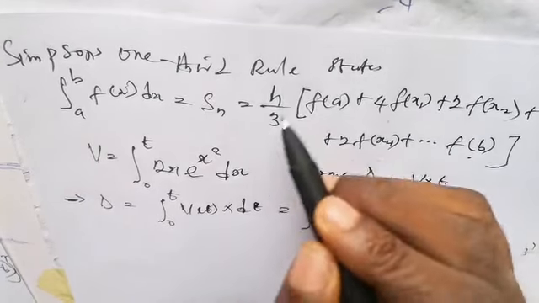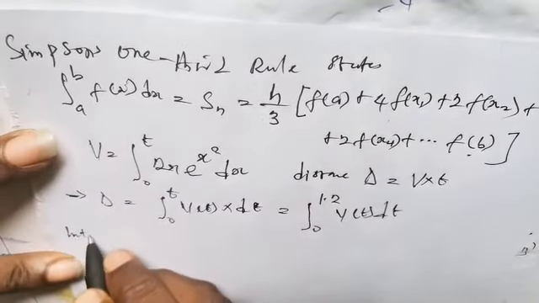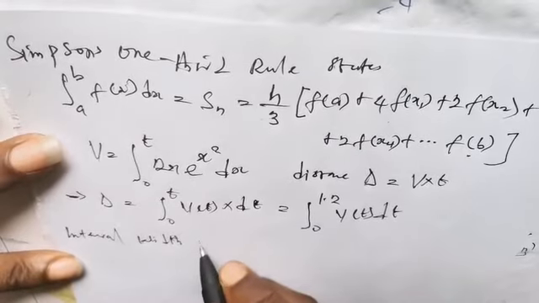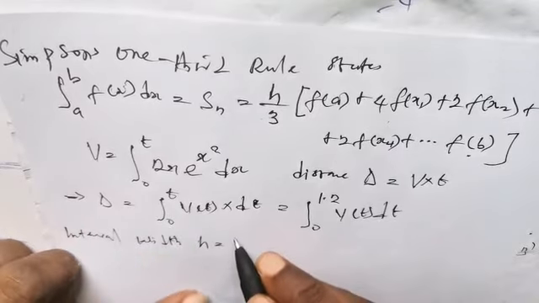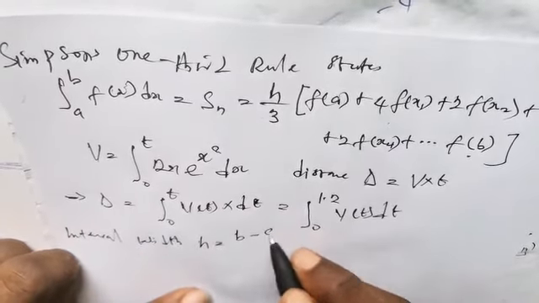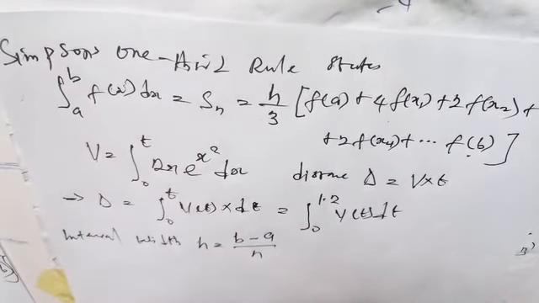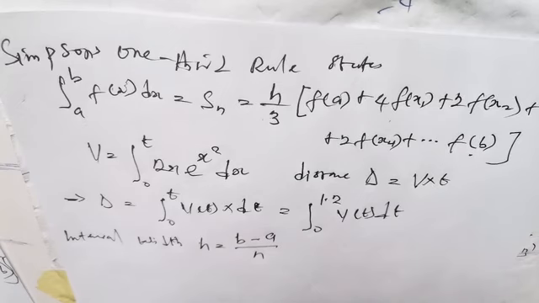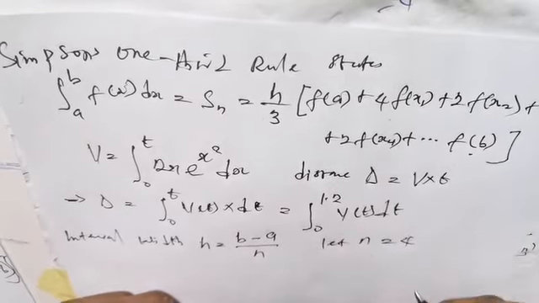This h stands for the interval width, and h is given as the upper limit b minus the lower limit a, all over n, where n stands for the number of intervals. I told you that intervals must always be even. So let's say n, the number of intervals, is equal to 4.